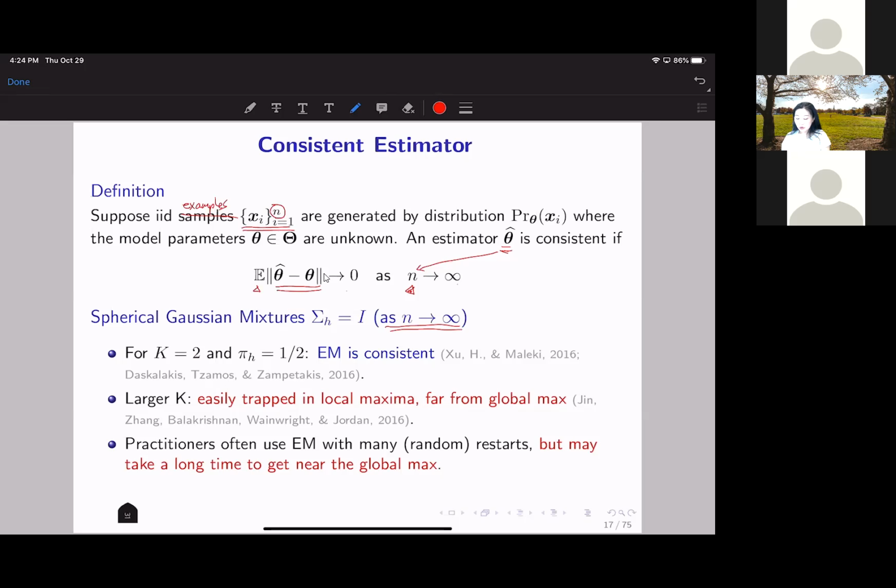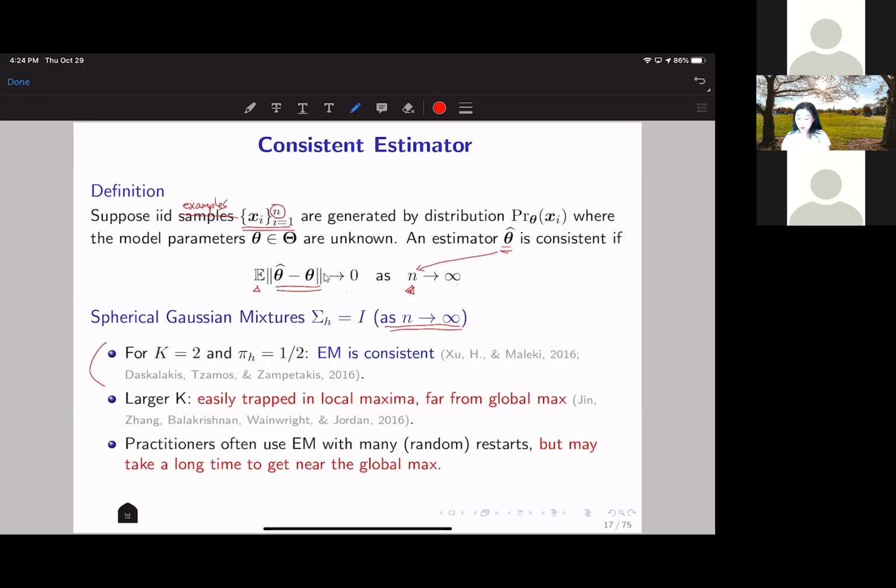Even if your Gaussian mixtures have identity covariances, meaning these multivariate Gaussians have identity covariances, we can only prove this when K is 2 and pi h is 1/2.